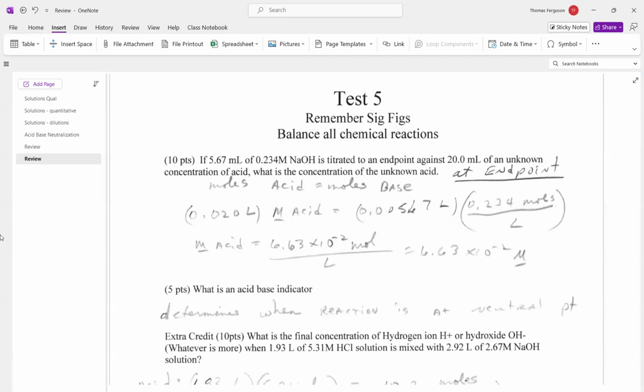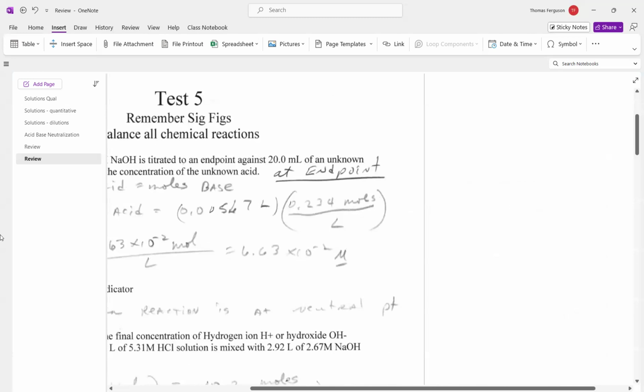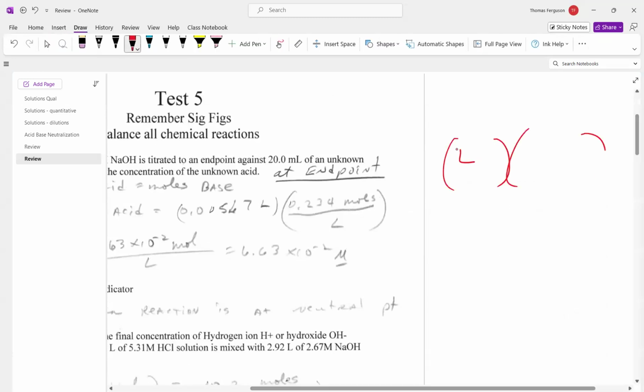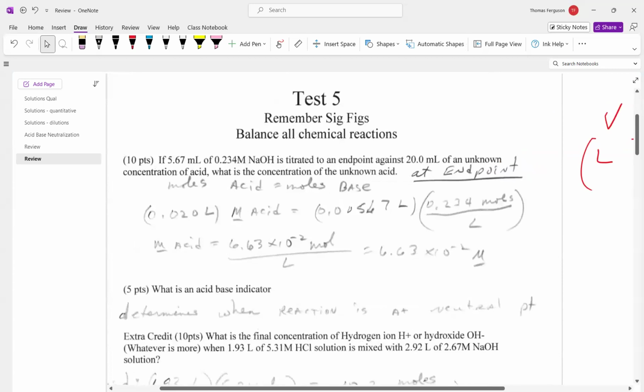Okay, and remember the relationship between volume and concentration. When you multiply the volume times the concentration, you end up with moles. So that's what we're going to do right here in the second step. Now, what we don't know is the concentration of the acid.